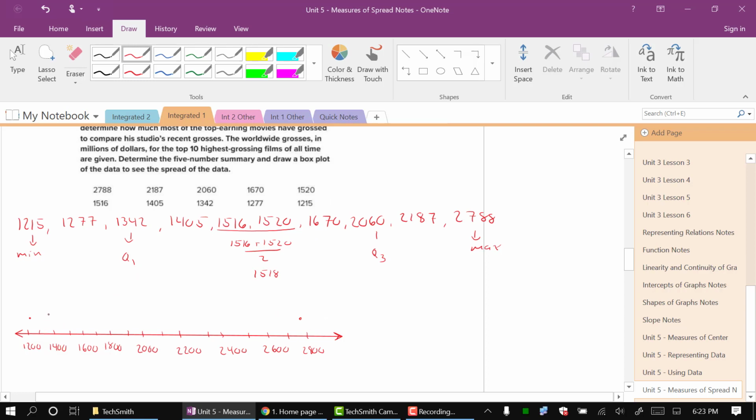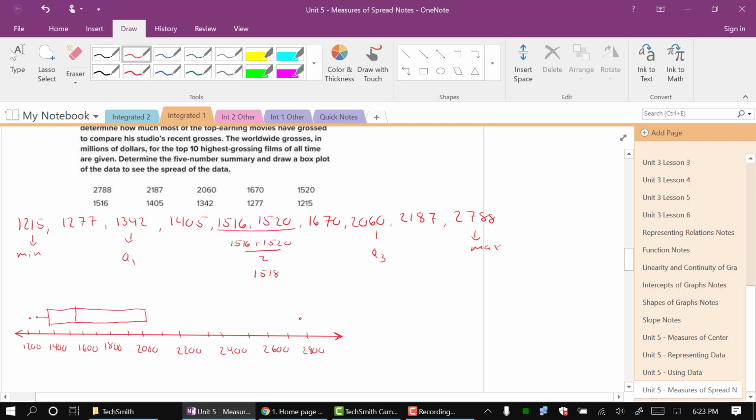So 1342 is about right here. Our next one's going to be at quartile 2, which is right in the middle, at 1518. So about right there. And then our third one's going to be at quartile 3, which is at 2060. 2060, so about right there. This makes the box.